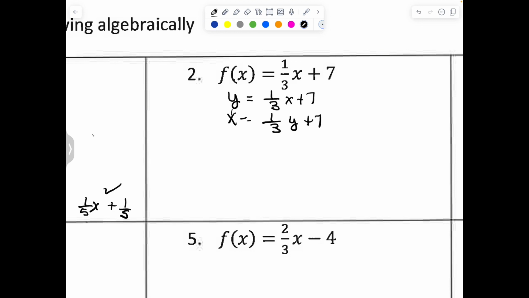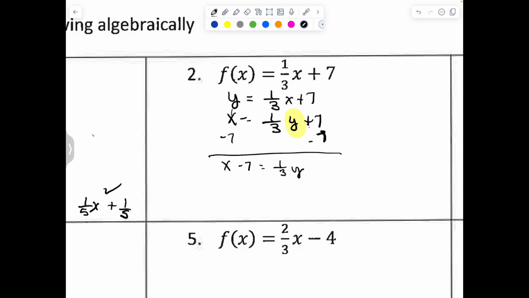And now I'm trying to solve for y. To do that, I start by getting rid of what is not attached to y, which would be the 7. So since I'm adding 7, I'm going to subtract 7. Remember on the other side that we cannot combine like terms because they're not like. So I have to leave it as x minus 7.